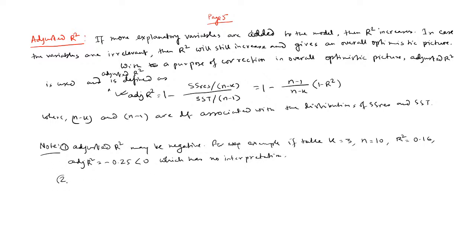Note 2: if the constant term, that is the intercept term, is absent in the model, then R square cannot be defined.